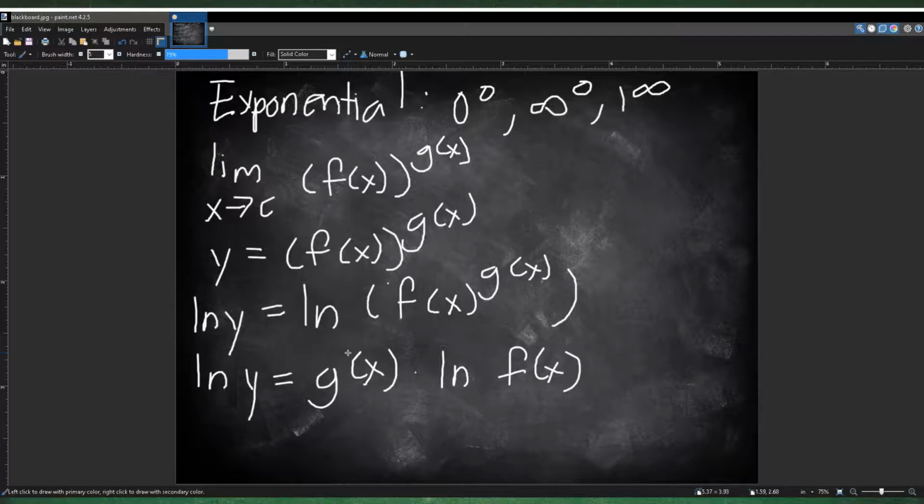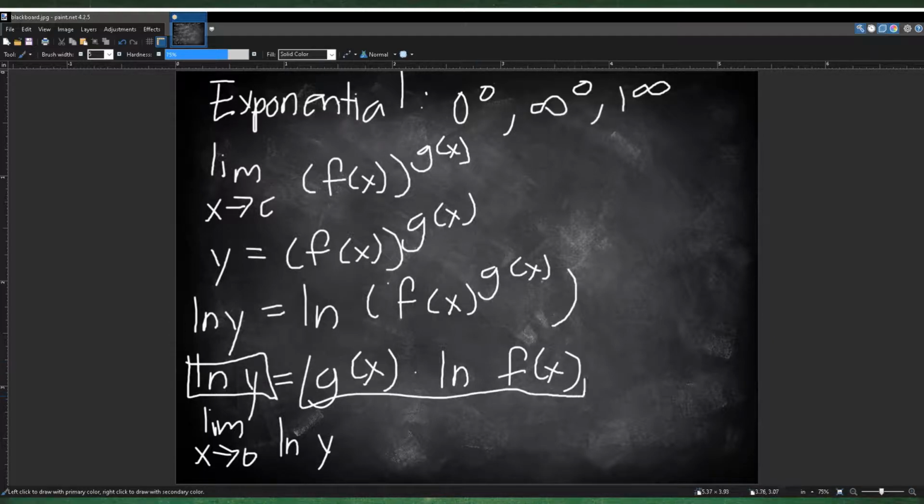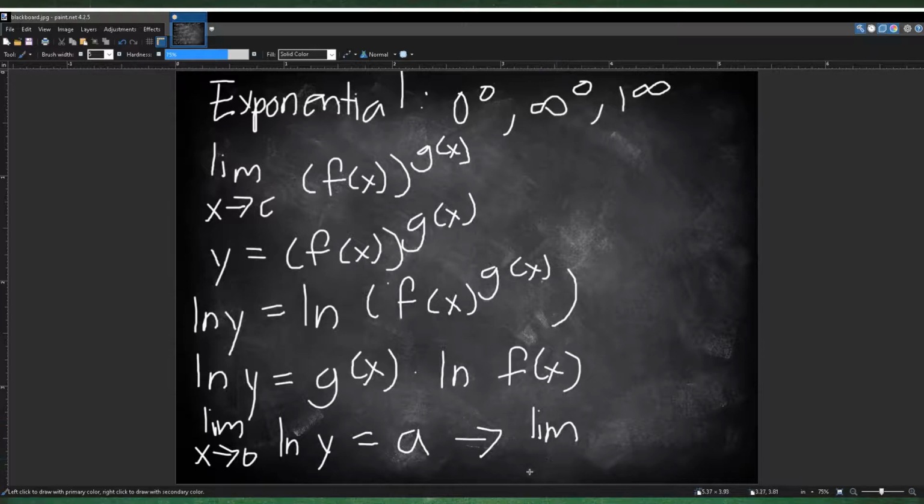So using that idea, if we have the limit as x approaches c of ln of y, of this equation, and it's equal to some number, let's say a, then basically y is equal to e to the power of a.